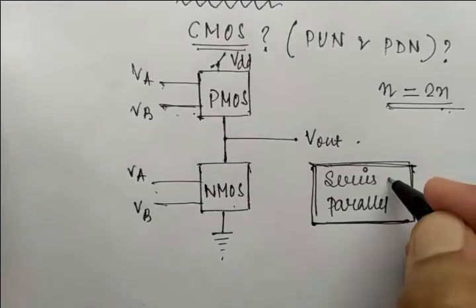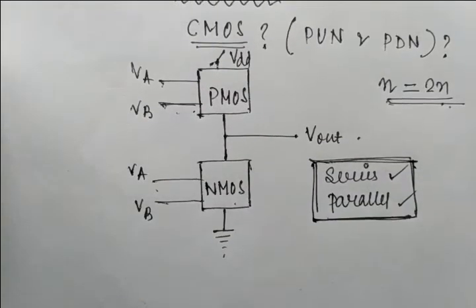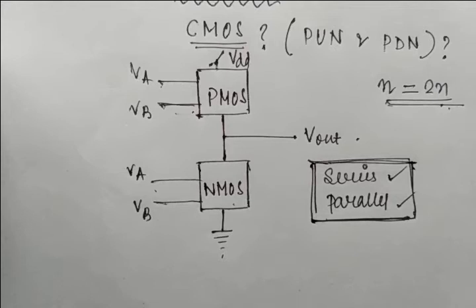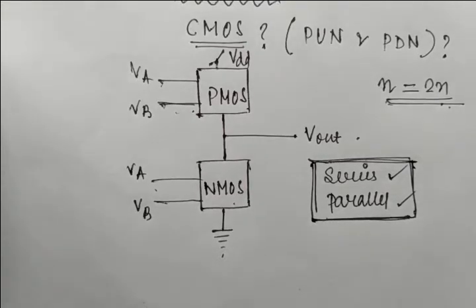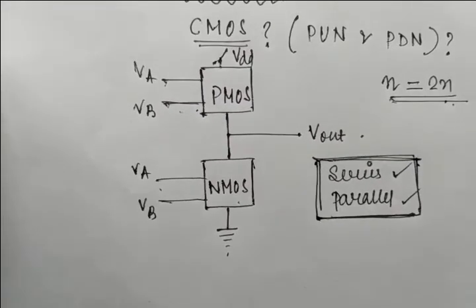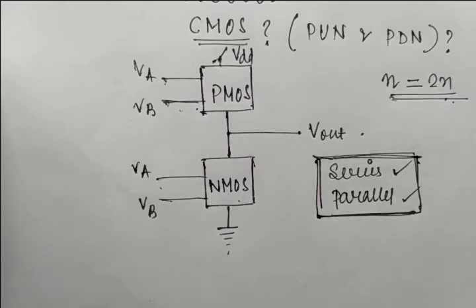But whenever it will be a series connection or a parallel connection, to know that we must go through some rules, right? And these rules you should know in a very structured way, because otherwise you will be unable to design any circuits based on those rules.